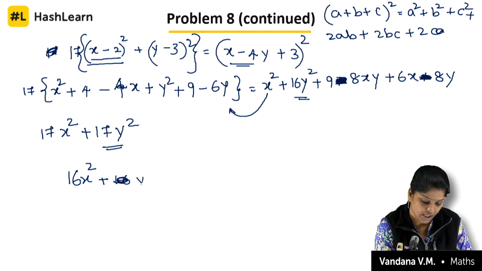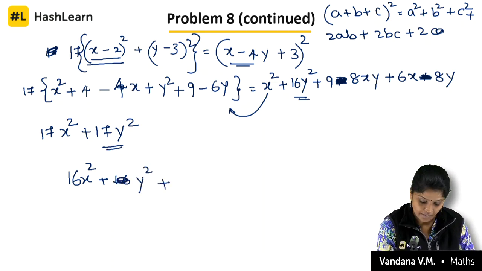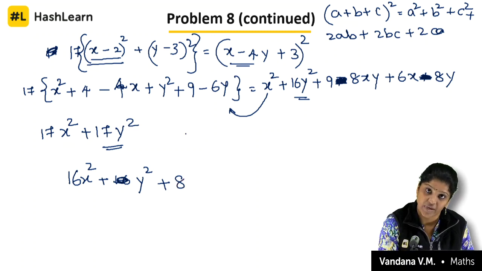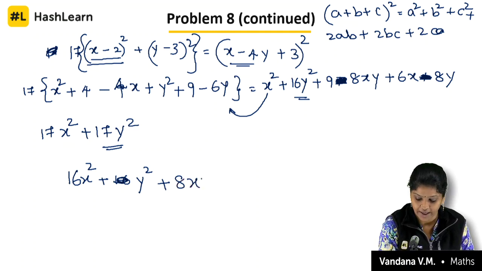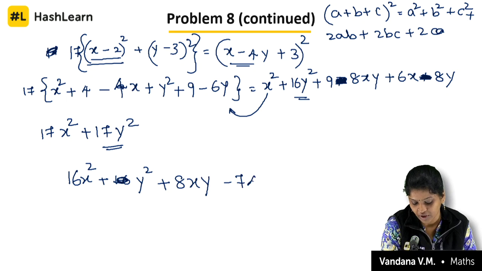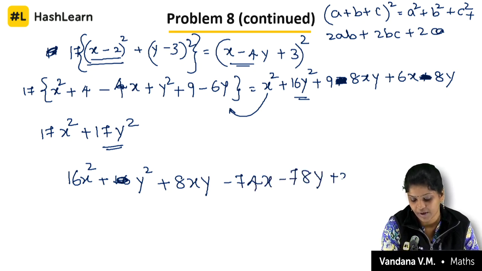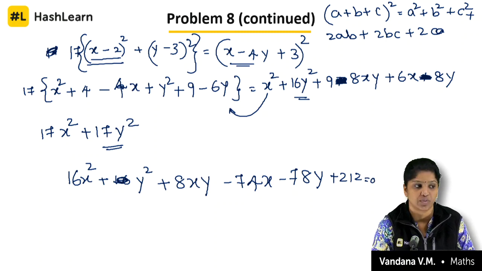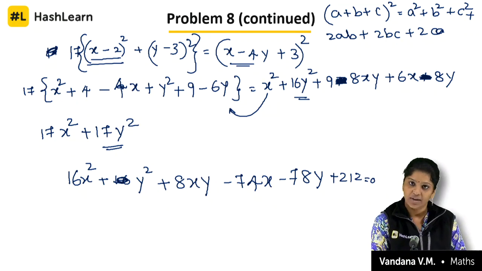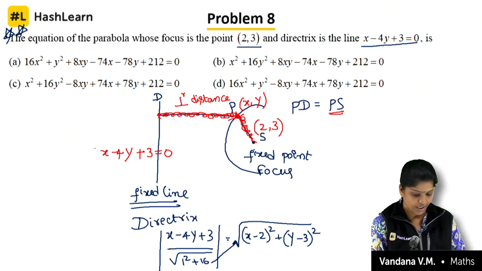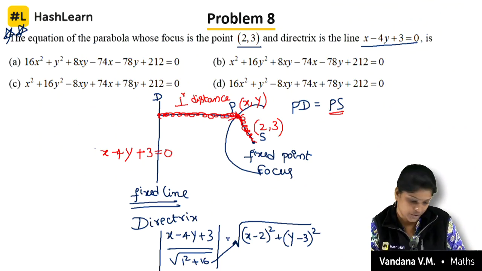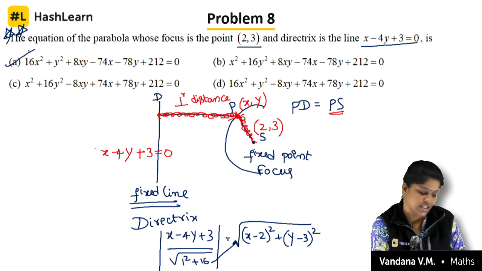What I will get here is plus y square plus xy minus 74x minus 78y plus 212 is equal to 0. Clear, children? So which option will be correct? Option A is correct.